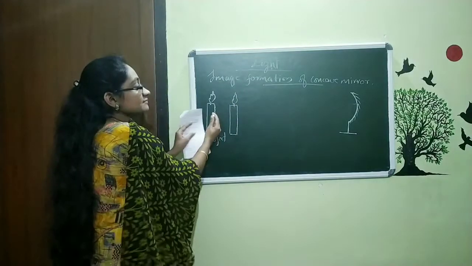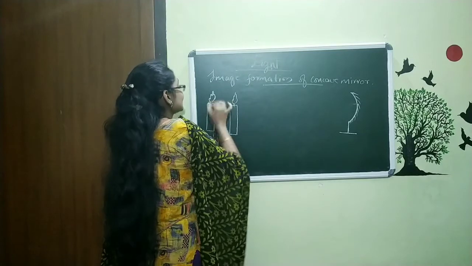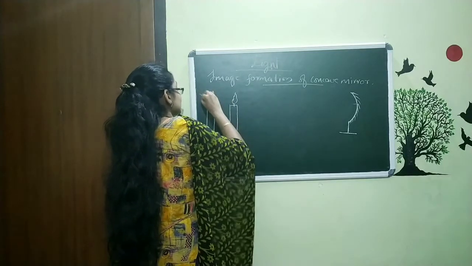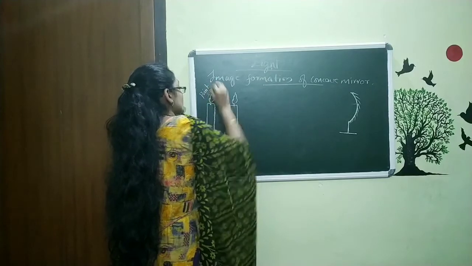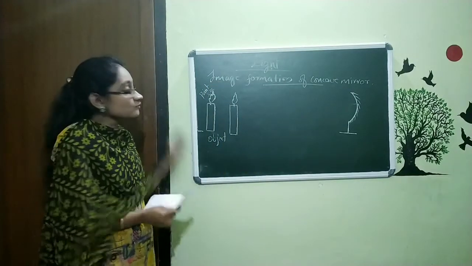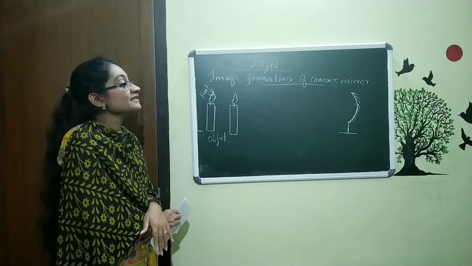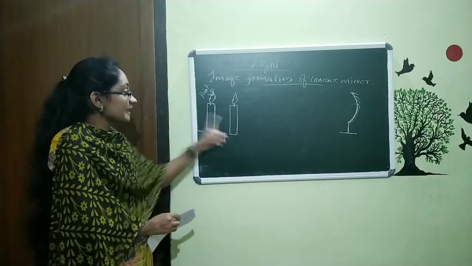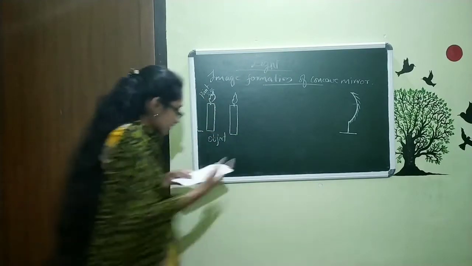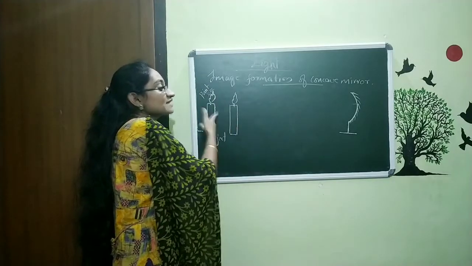When the object was there, we got point size. Now I am just moving this candle to the front, and I am going to look at what happens to the image. Placing the object here, it is also far, but a little more near than this.